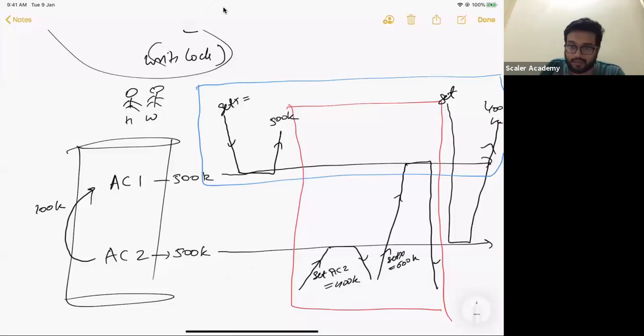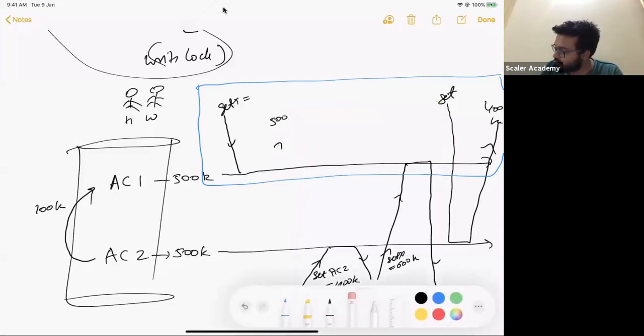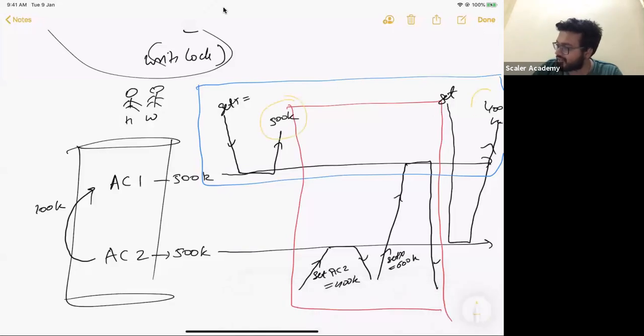Now the problem is that the husband will see, oh man, what happened? He will just feel that he just lost 100,000. Because the two accounts sum up to 900,000 there, but they actually had 100,000 more. Does that make sense to everybody?